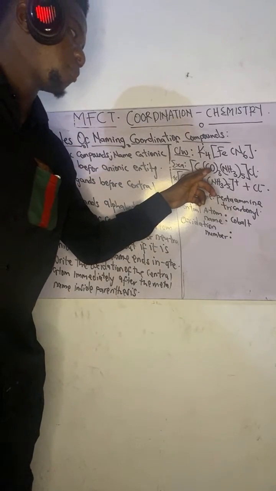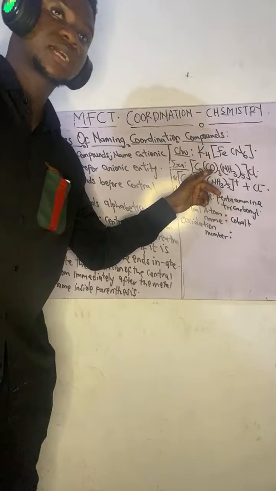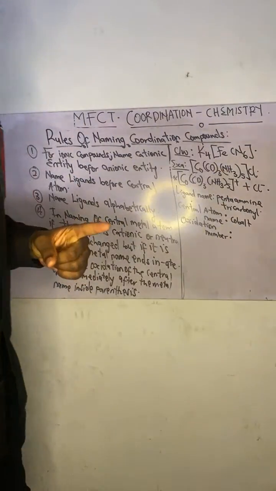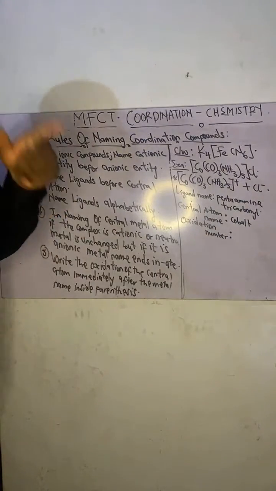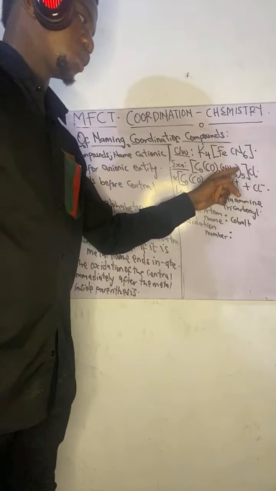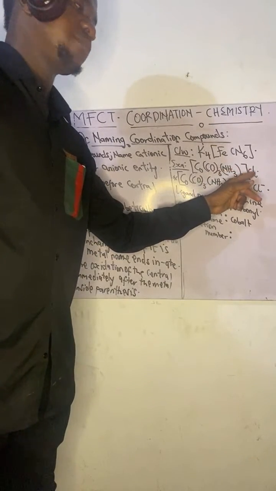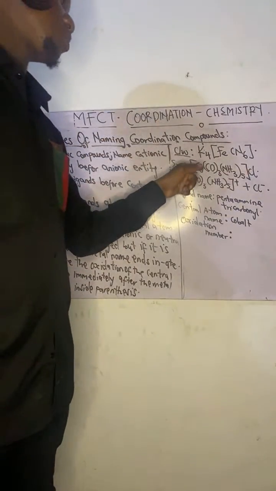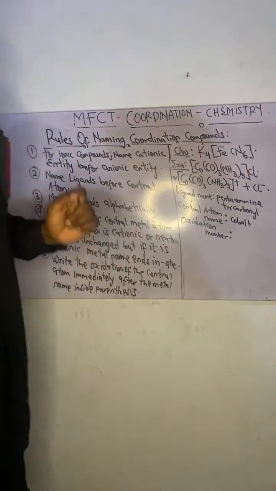The ligands carbonyl and amine are both neutral ligands, so their oxidation number is 0. The oxidation number of Cl will be -1. So the oxidation number of the central atom cobalt would be +1.